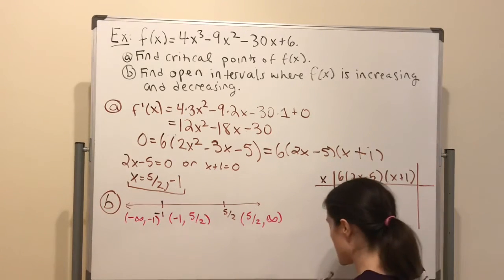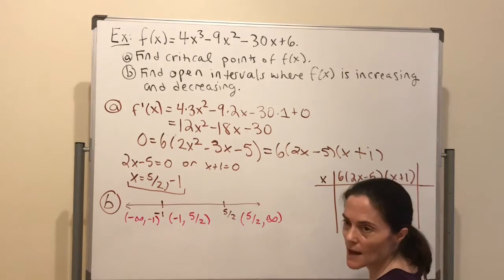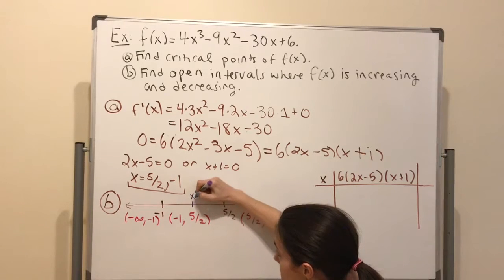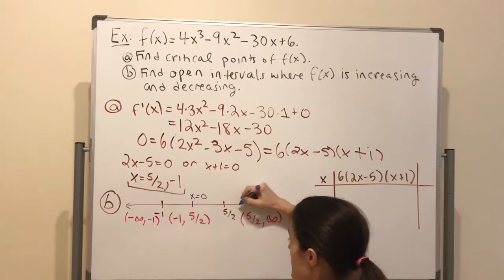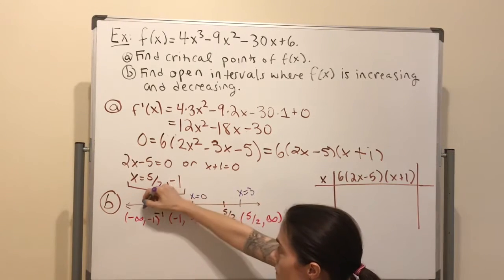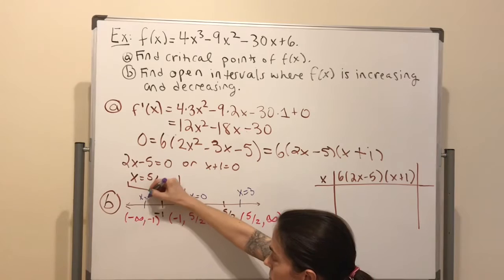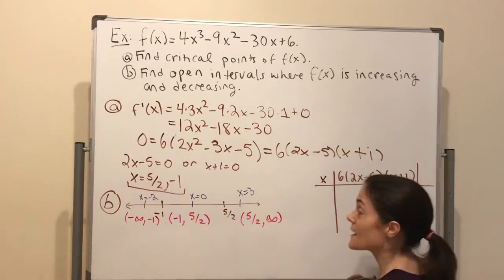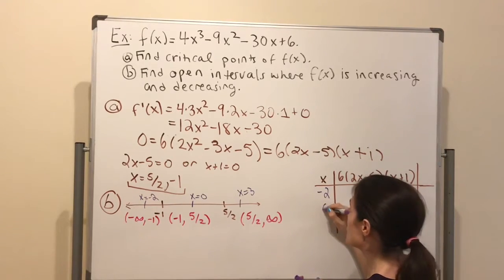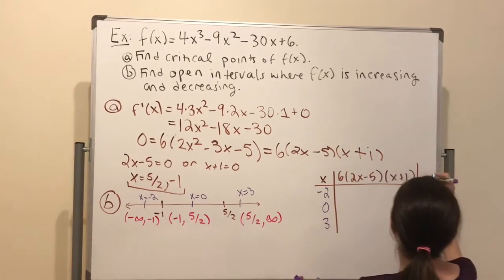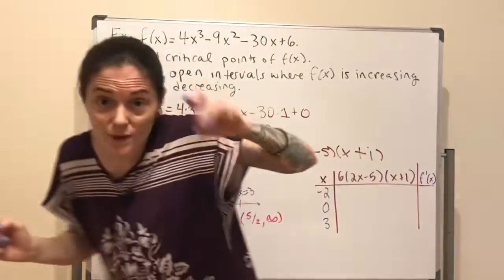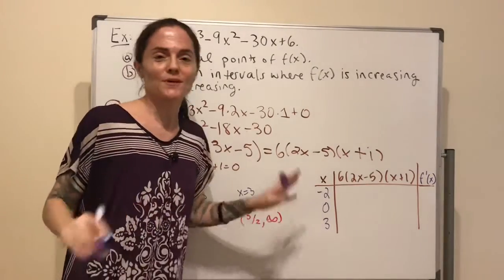So for instance, pick something easy. I'd pick an integer. The easiest thing in this interval is I can test x equals 0. In this interval, I could test x equals 3. And in this interval, I can test x equals -2, right? And make sure when you're testing the derivative, you actually get a number in the open interval.